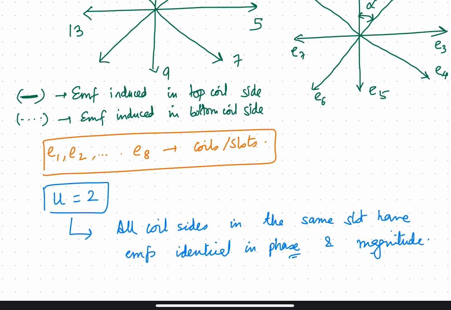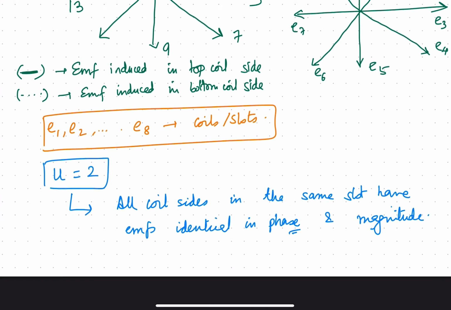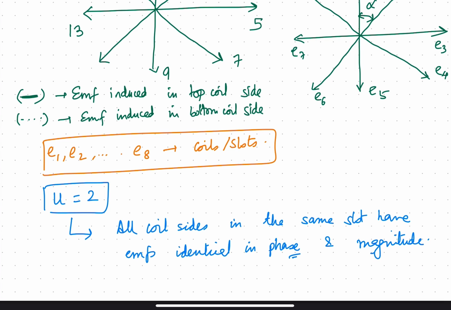So if you have another case, another case would be the case where you will have u equal to 4.